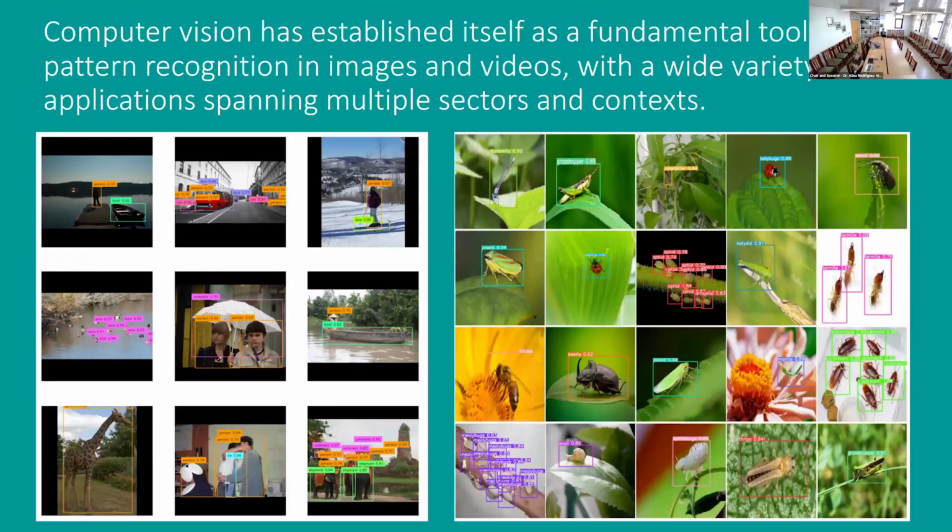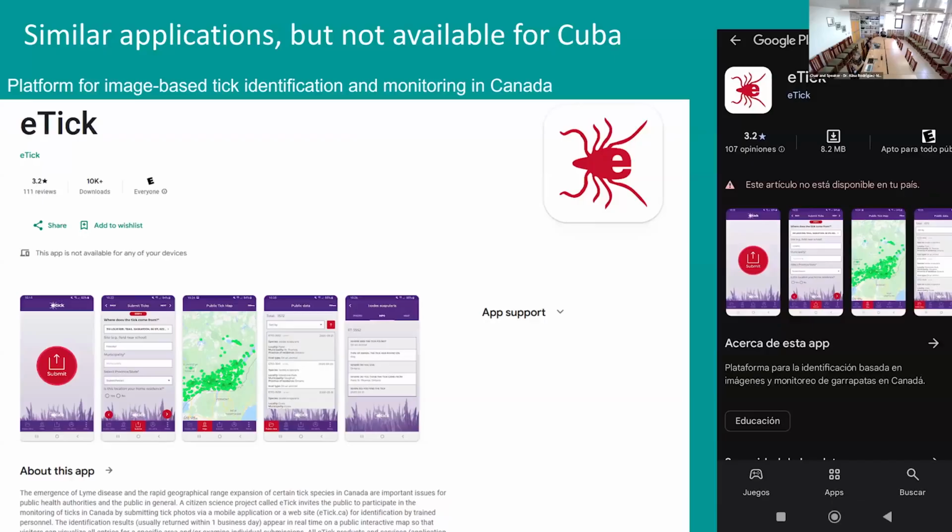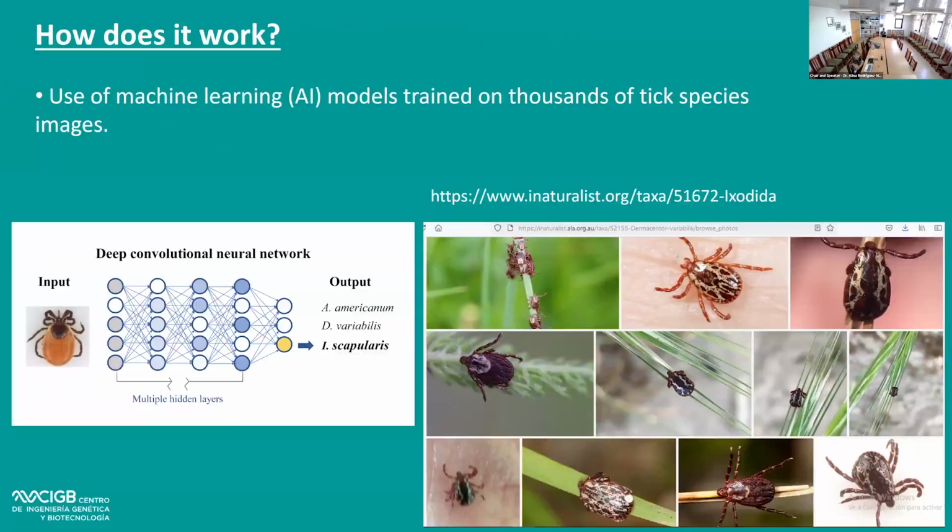This is a similar application, but it's not available for Cuba. That currently does the same thing that we are trying to do. And this app was trained using images collected from ticks detected in Canada. So how does it work?